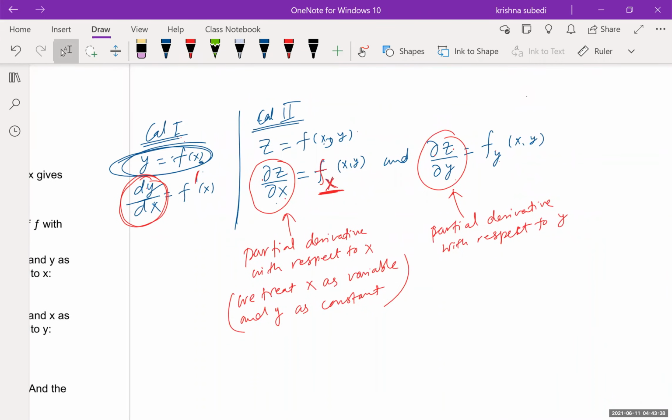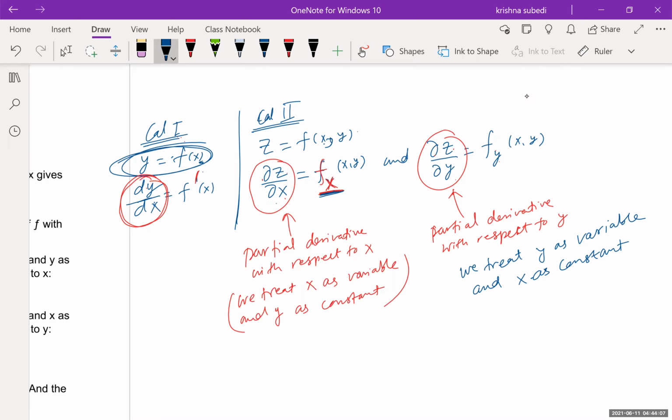In this case, we treat y as variable and x as constant. Keep that in mind. When you see f sub x, it means we consider x as our variable and y as a constant, and so we differentiate with respect to x.